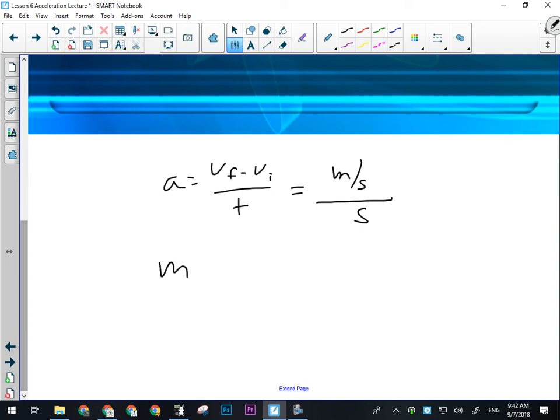That means meters per second divided by seconds over 1. What do you do when you divide fractions? You invert the second one and then you multiply. So you have meters per second times 1 over seconds. That means meters, seconds times seconds is seconds squared. Meters per second per second is usually written as meters per second squared. So that's where those units come from, in case you had forgotten.